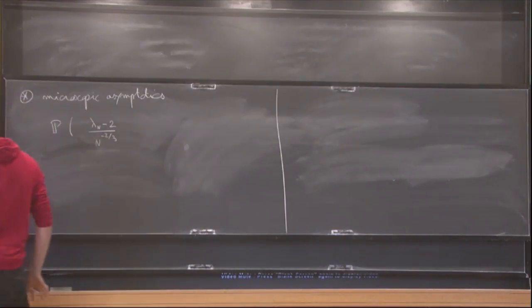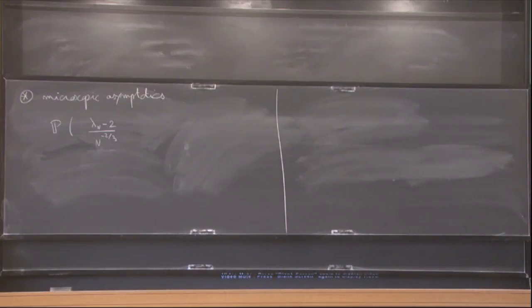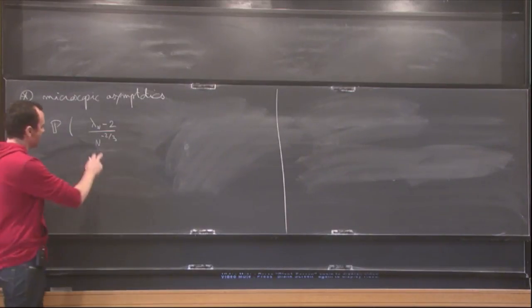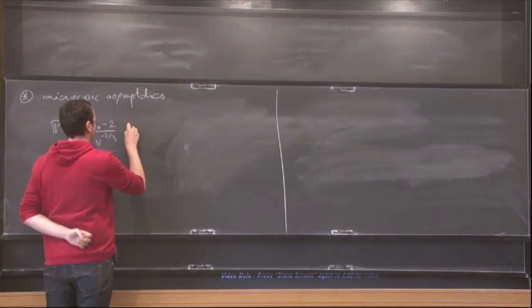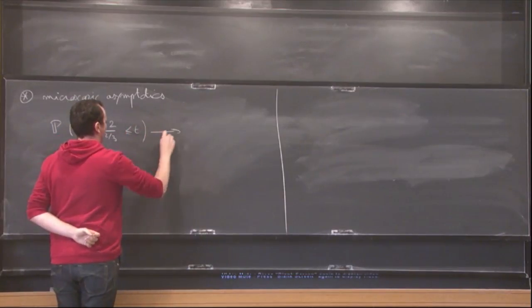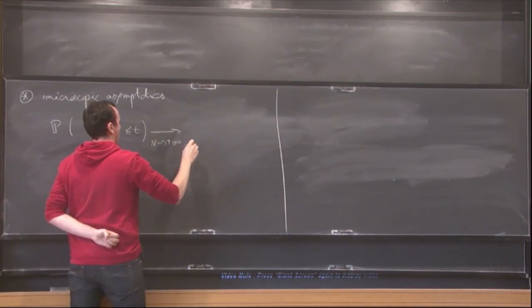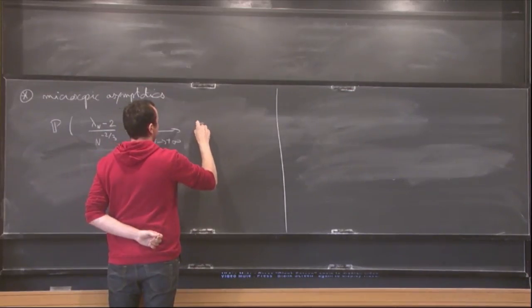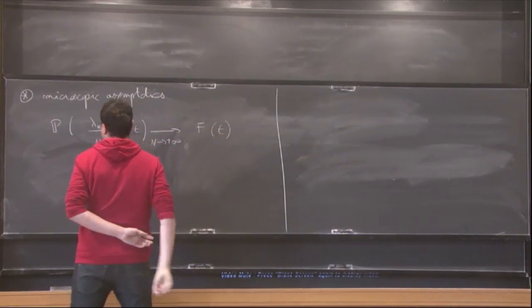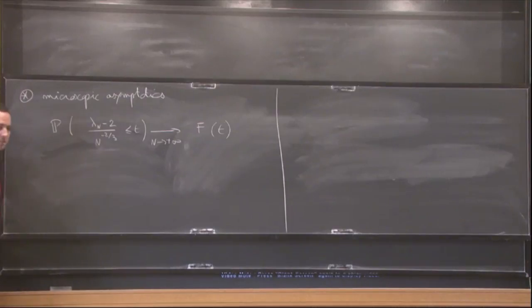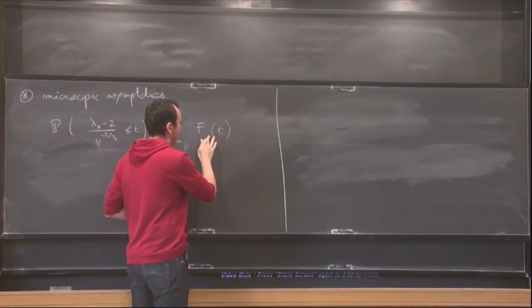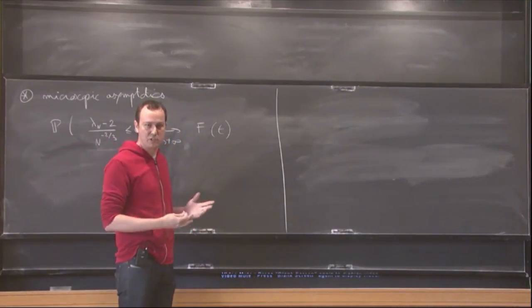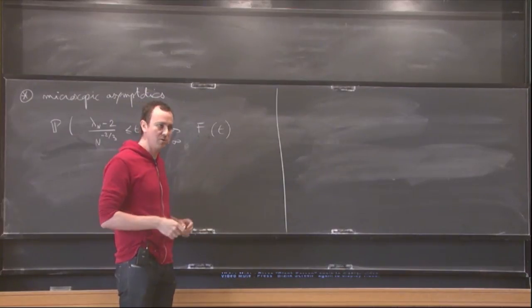Actually, what is not clear, but it's a fact, is that the largest eigenvalue sticks to 2. And this has a non-trivial limit, which is a function called the Tracy-Widom distribution depending on t. I don't want to make this distribution explicit. It's actually quite complicated. It's not an analytic function.